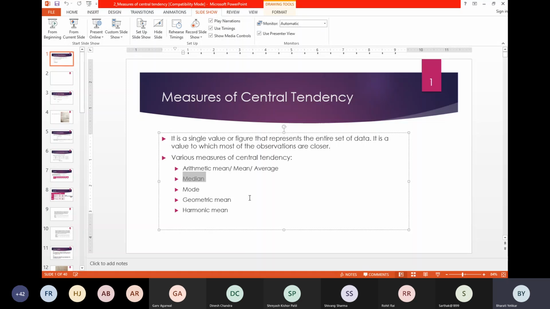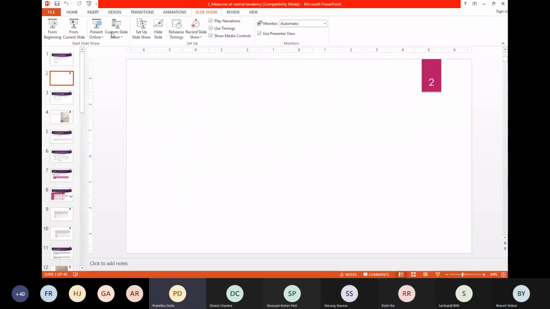Otherwise, you take it as 1, 2, 3, 4 up to 9. So what will be the median? First, we have to arrange it in ascending order. Ma'am, the fifth one. Yes, yes.